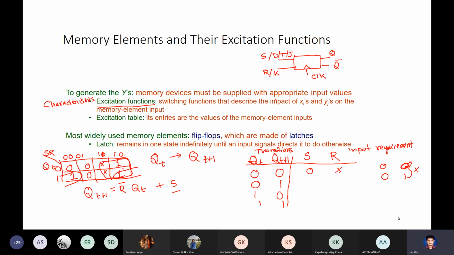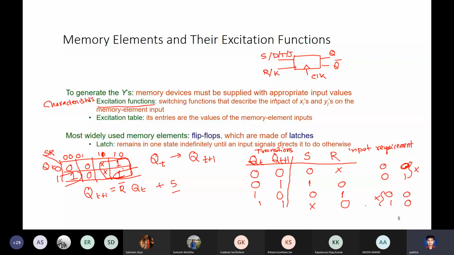How can 0 to 1 happen? By set. Because no change is not there, there is a change. How can 1 stay 1? Either it is no change, or set is 1. So again, this is don't care, and this is 0. Okay, so this is the excitation table of the SR latch.